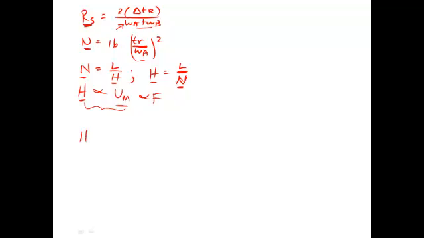And so the relationship that we're going to be using, sort of a generalized form, is this. We call this the Van Deemter equation.